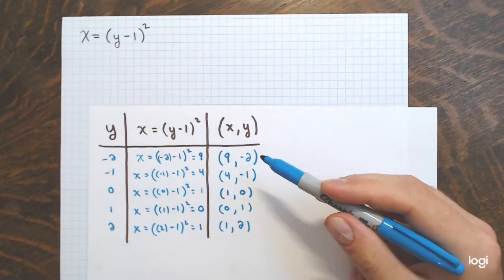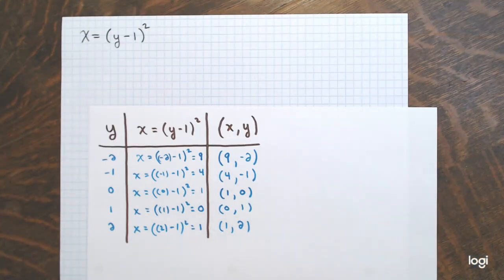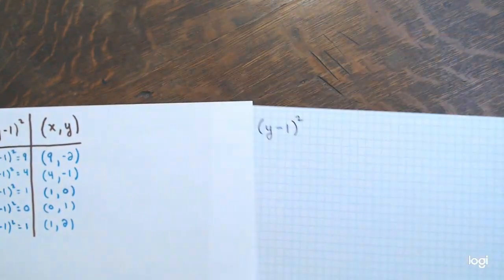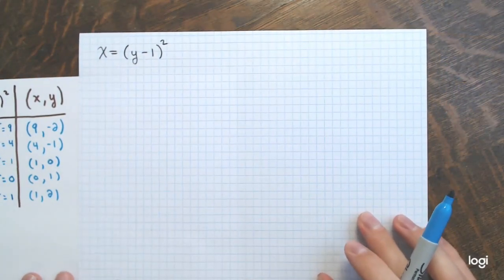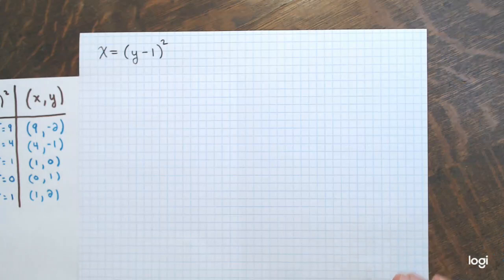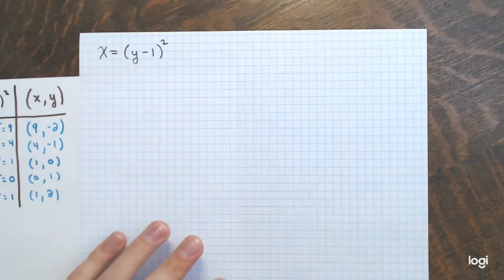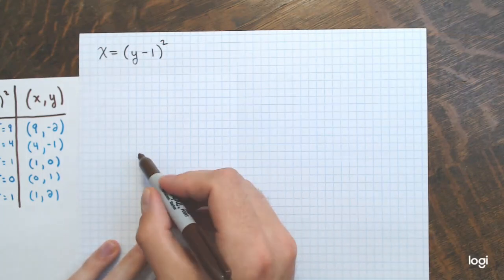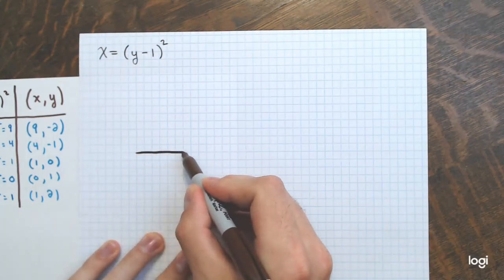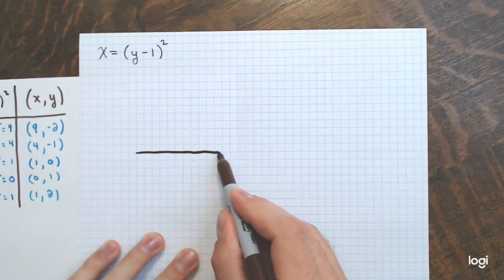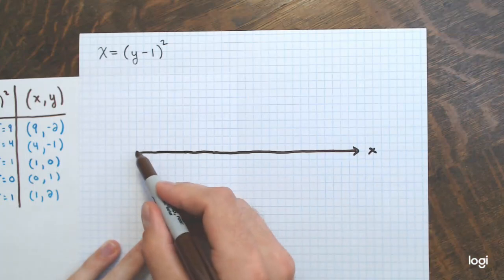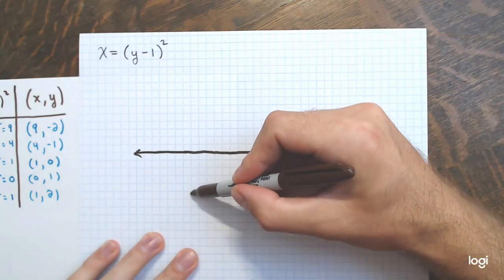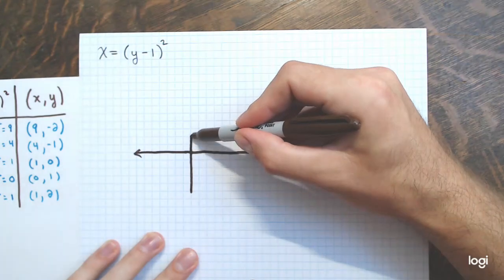Great. So I'm going to plot these 5 points, these 5 solutions, on my coordinate plane. And if I need to, I'll plot some more. 5 isn't the limit. You've seen me do 7 points in the past 2 examples. So I can see the pattern for sure. Alright, so again I'm going to draw the x-axis, some horizontal number line here, and then some vertical line somewhere in here.